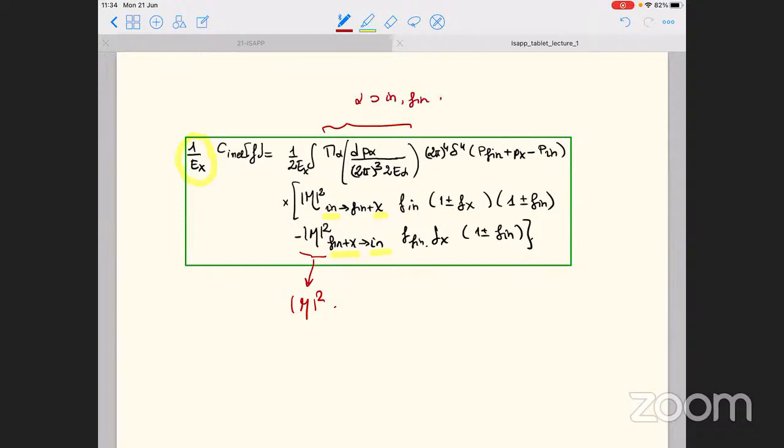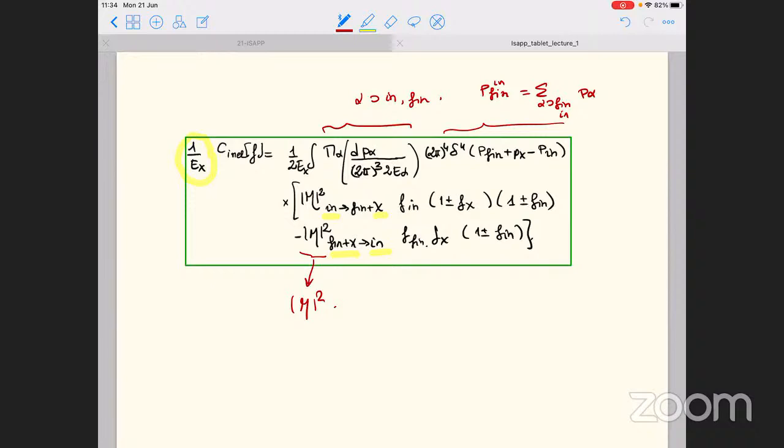I'm not integrating yet over dark matter momenta. I have the delta four here. By p_fin, I'm summing over all momenta of the particles in the final state, and by p_in, over all momenta of the particles in the initial state. This is just conservation of energy and momentum.